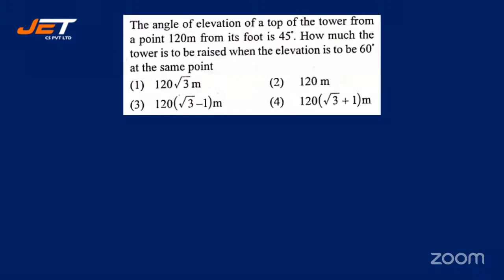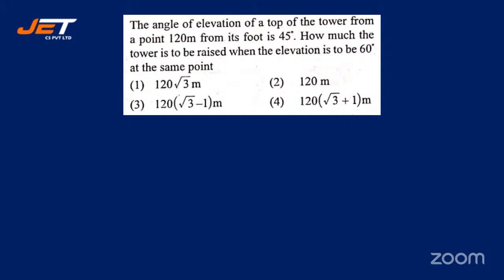All right. Yes. See the next question. The angle of elevation of a top of the tower from a point 120 meter from its foot is 45 degree. How much the tower is to be raised when the elevation is to be 60 degrees at the same point. Okay, so here you have 4 options.